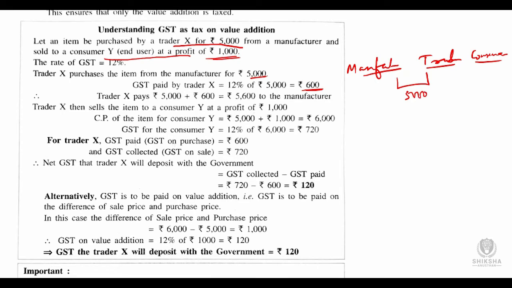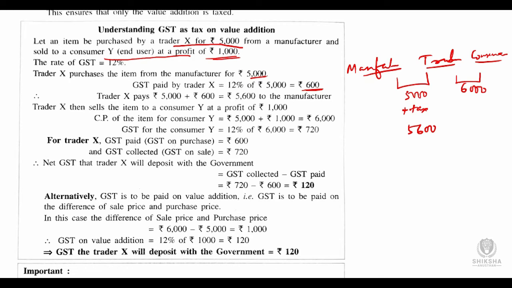The trader then makes a profit and sells it to the consumer at 6,000, a profit of 1,000 rupees. Now the trader purchases it from the manufacturer for 5,000 plus GST. That becomes 5,000 plus 12% of 5,000, which is 600. So he purchases at 5,600.